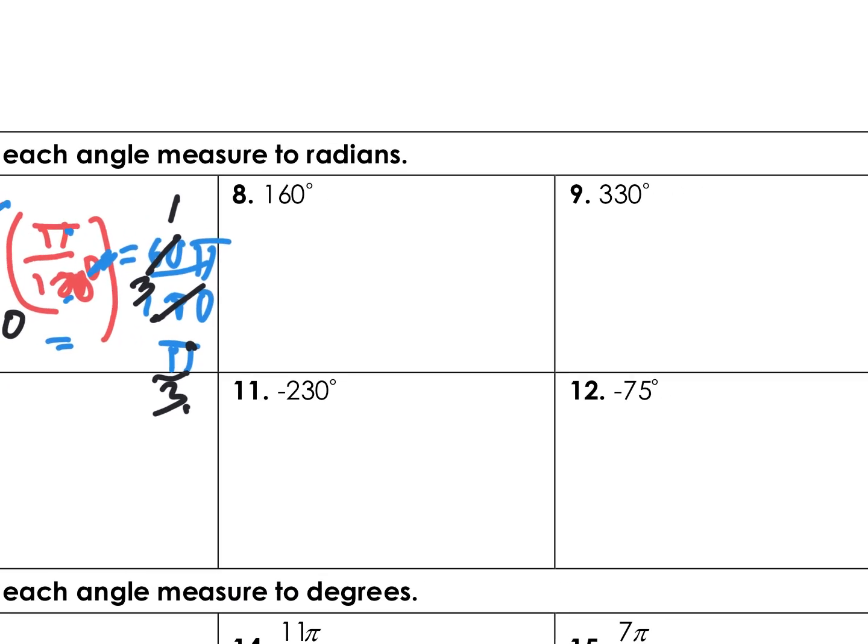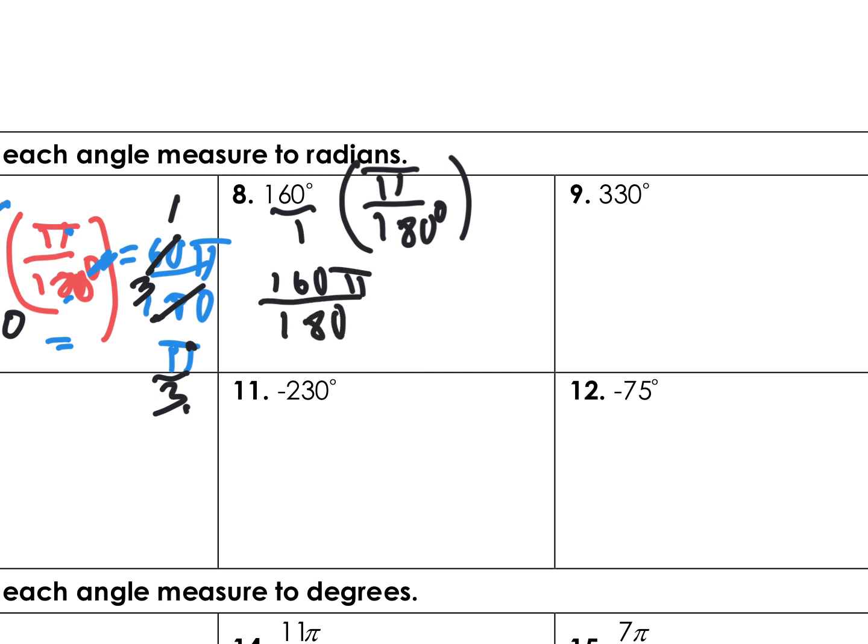Let's do another one. 160 degrees, again, I will multiply that by pi over 180 degrees. That forces the degrees to cancel. So I'm left with 160 times pi over 1 times 180. And so that reduces.